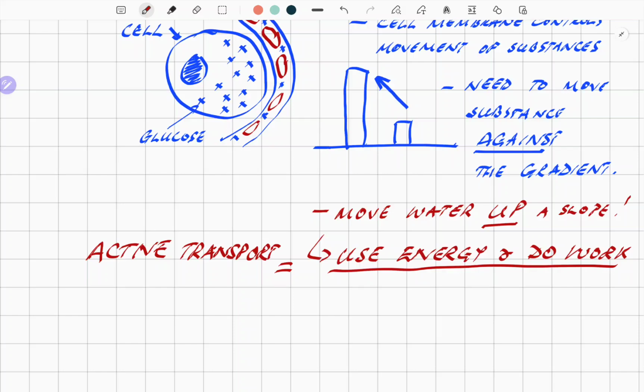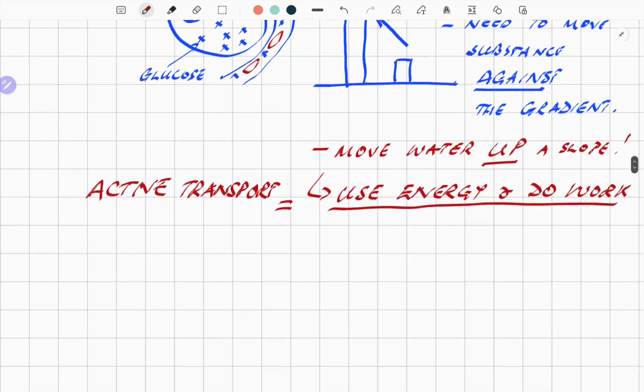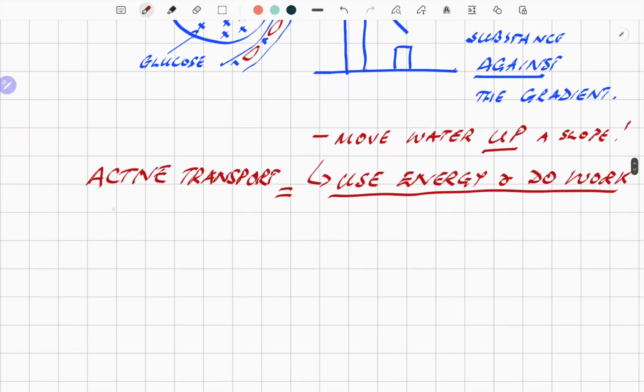So active transport is basically using energy to move a substance from an area of low concentration to an area of higher concentration using energy. Let me put that in.